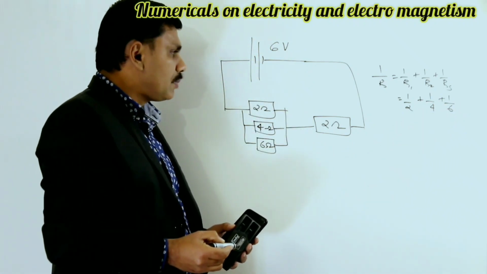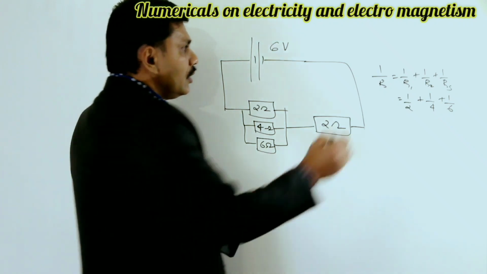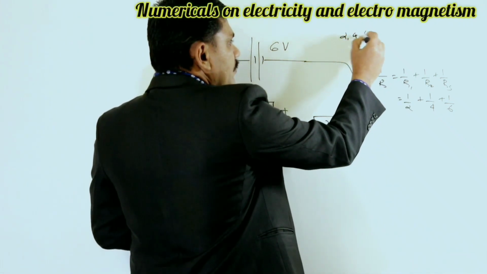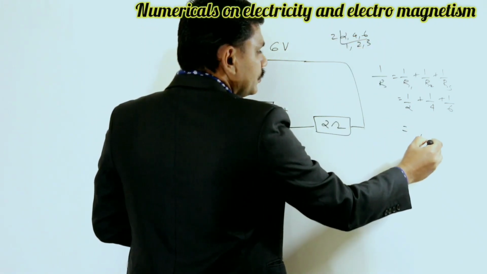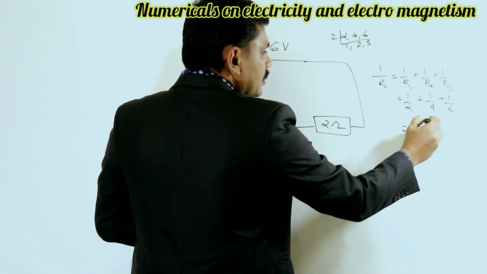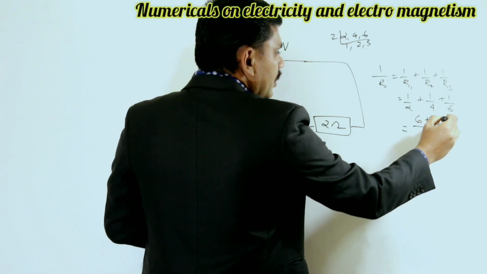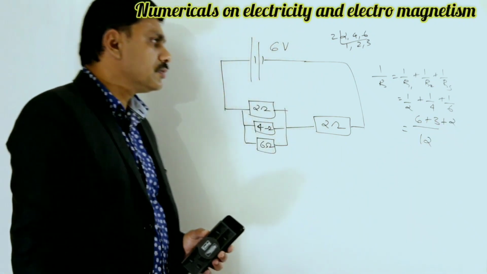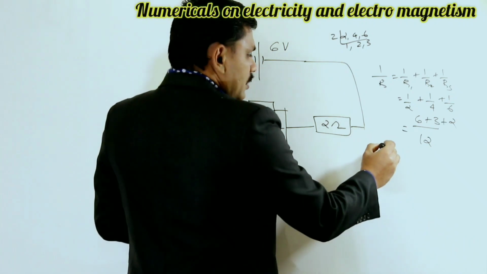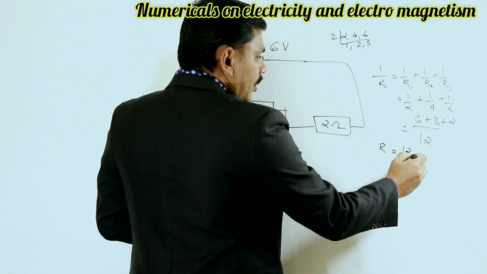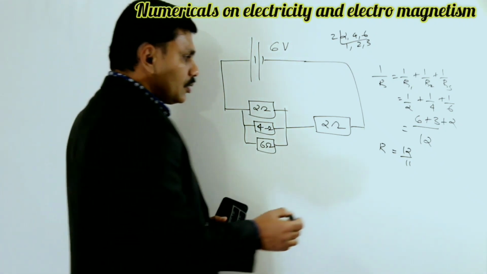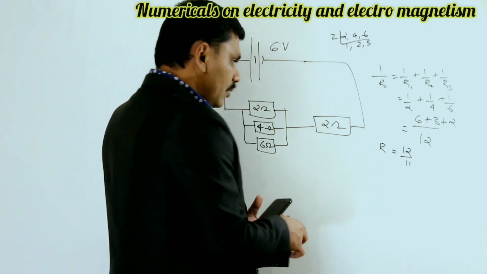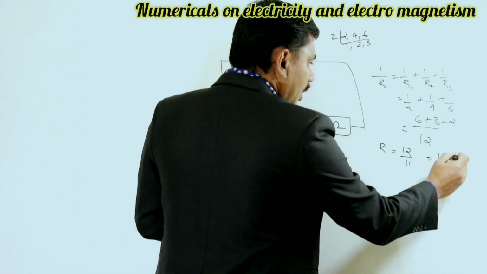The LCM of 2, 4, 6 is 12. So 6 plus 3 plus 2 over 12. It is R equal to 12 by 11. You will get the same answer as you obtained in the last question. 12 by 11 was 1.09 ohm.